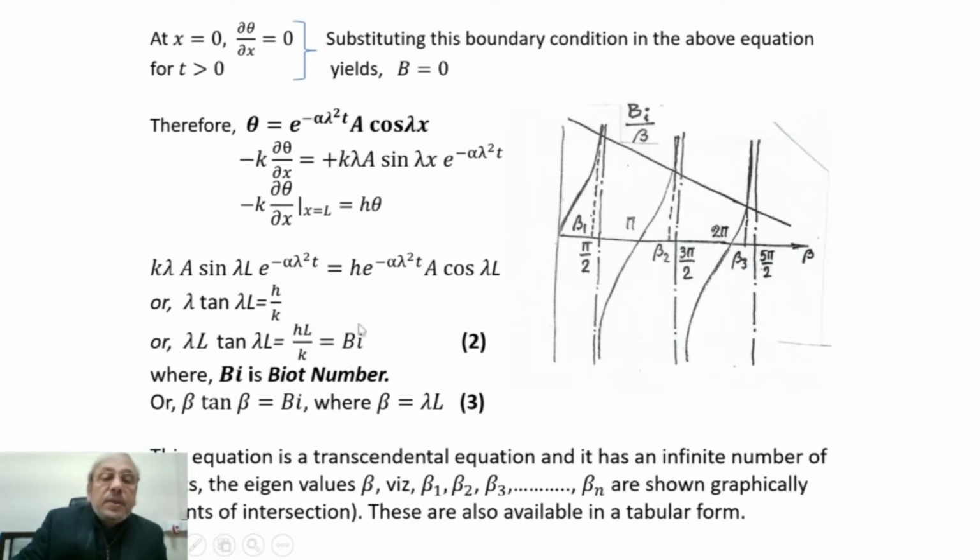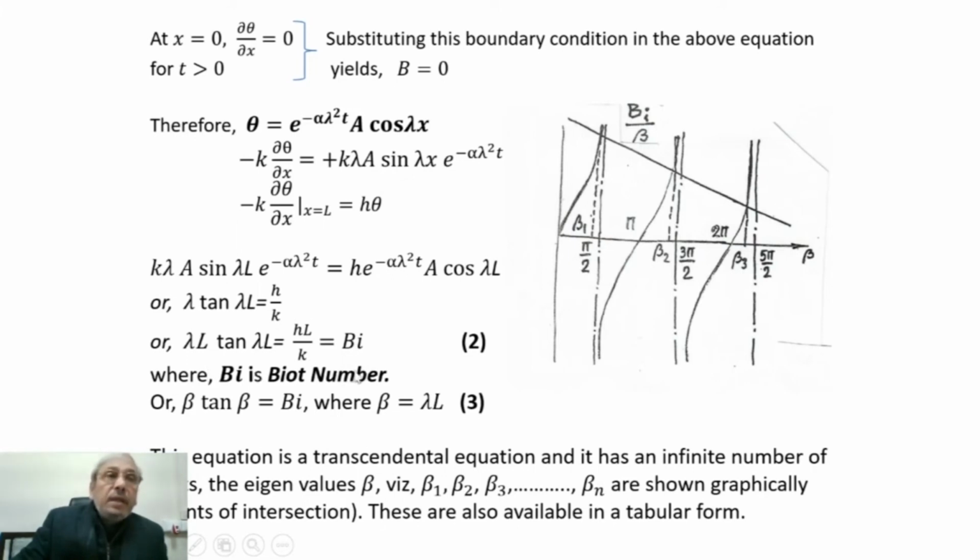In French it is Biot, in English it is also Biot. Whatever you prefer, you can pronounce it that way. So it is the Biot number, named after the famous scientist and mathematician Biot, who worked on these thermal problems related to conduction heat transfer and also convective heat transfer.